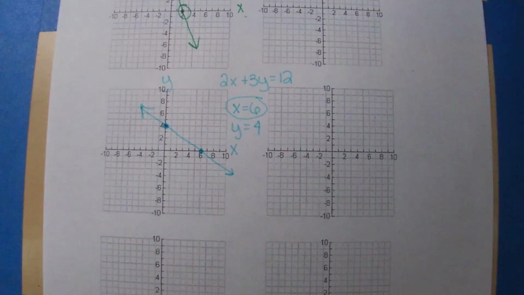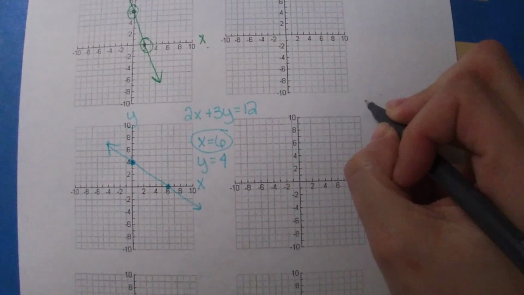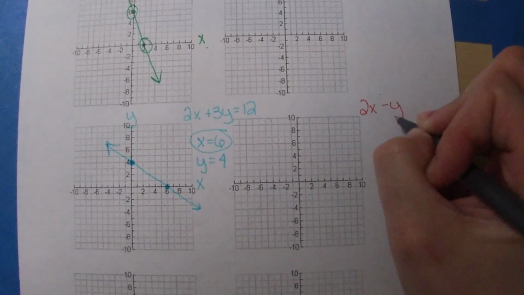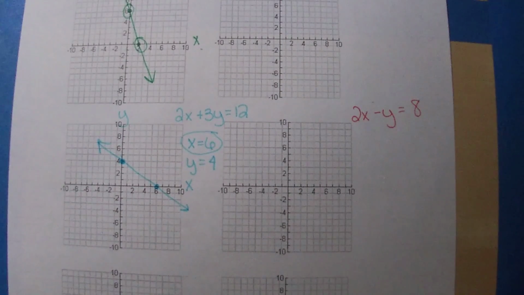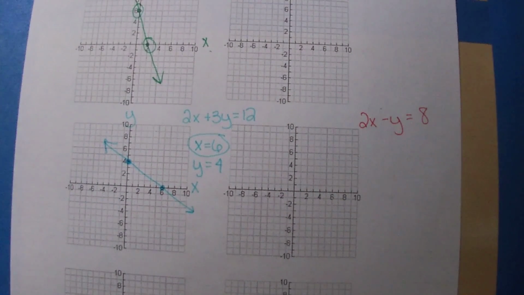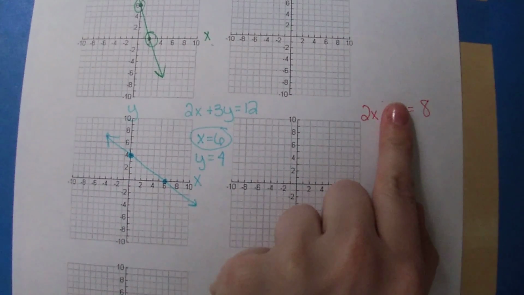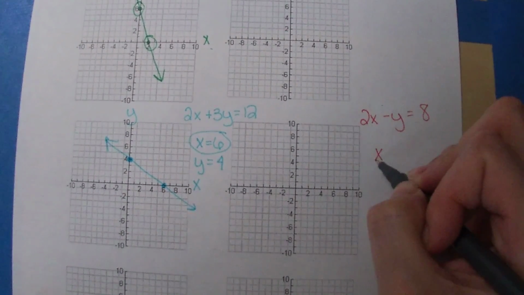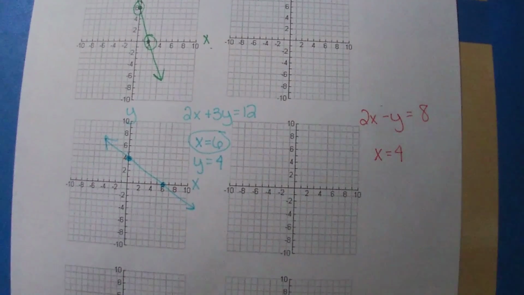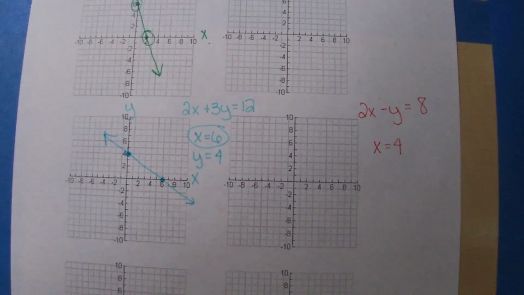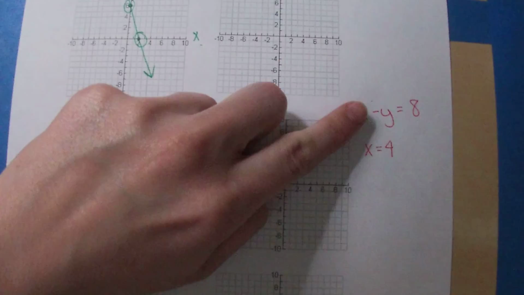So maybe if I have 2x minus y equals 8. I'm going to find my x and my y-intercept. If I cover up here, 8 divided by 2 is 4. So my x-intercept is 4. Again, when I cover up here, I have this negative, right?